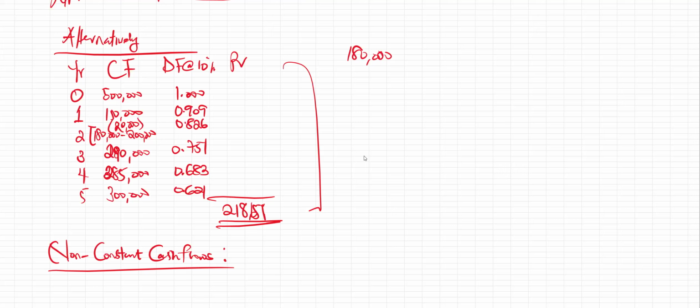What is the net investment you are going to make in that year? Is it not 20? Yeah, because you were supposed to spend 200 and somebody brought you 180. So in effect, it's only 20,000 outflow.